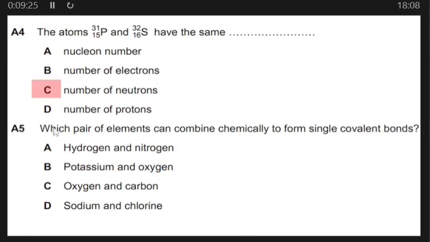So they're asking which pair can form single covalent bonds. Hydrogen and nitrogen, yes. Potassium and oxygen won't be covalent because potassium is a metal and oxygen a nonmetal, so this is ionic. Then oxygen and carbon dioxide will have double bonds. Sodium and chlorine is ionic, so the best answer is A.